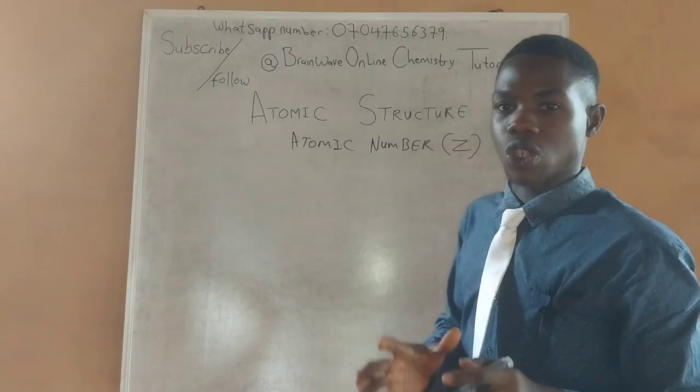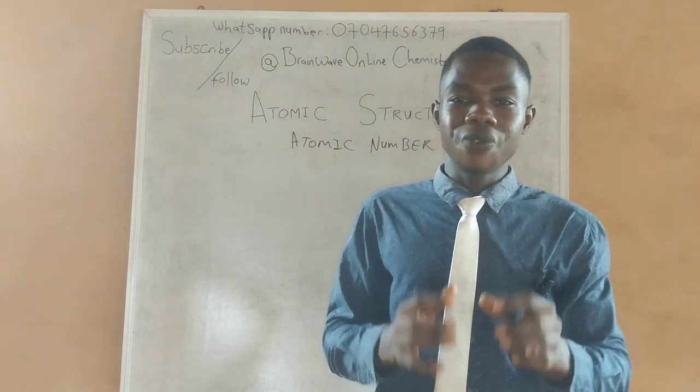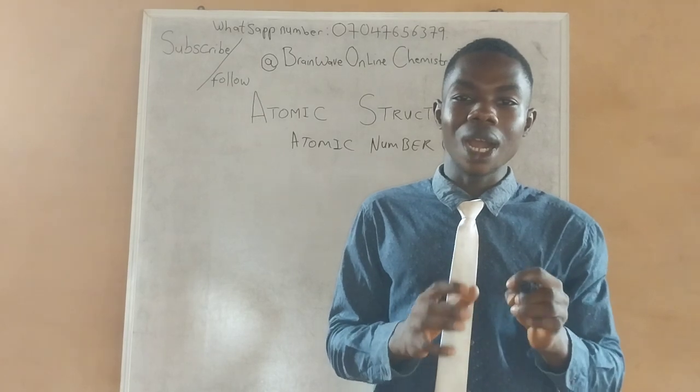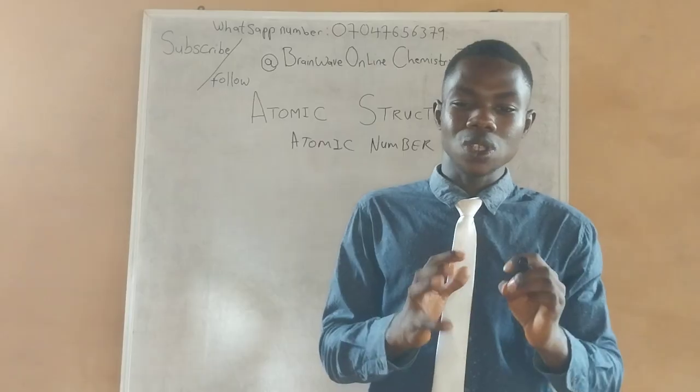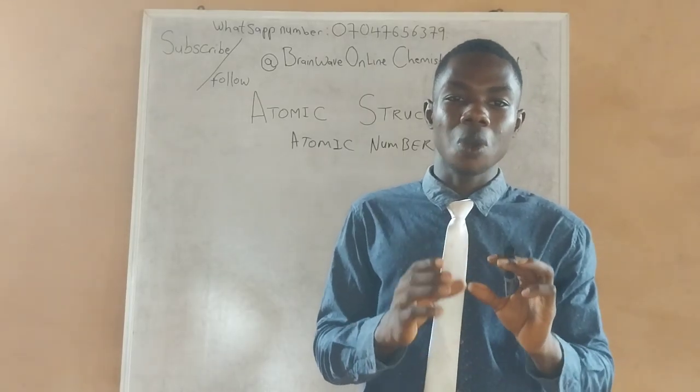Atomic number. Now, what is atomic number? Atomic number refers to the number of protons in one atom of an element. Please don't forget that atomic number refers to the number of protons in one atom of an element.